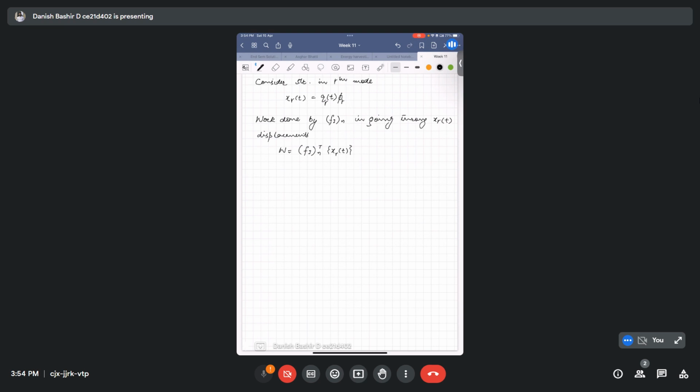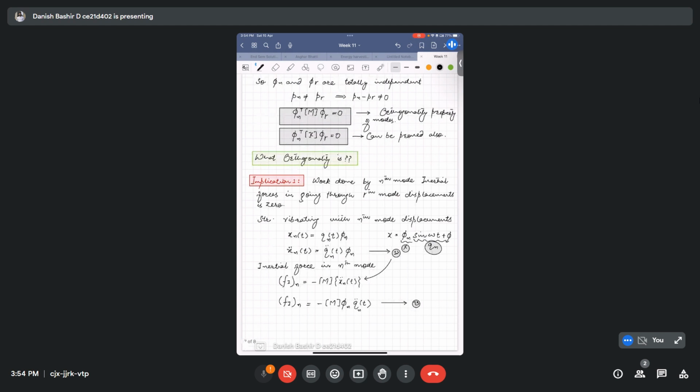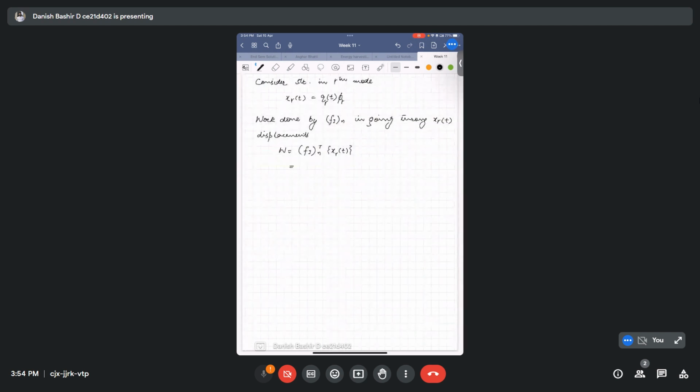Since these are two vectors, we will substitute equation 13 into it. Here, when we substitute 13, it will be minus m times phi_n q_n double dot of t, transposed, times q_r(t) phi_r.